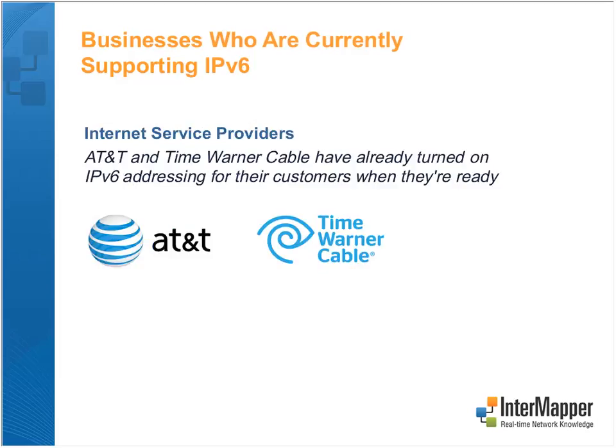A couple of ISPs: I'm sure a lot of the ISPs are jumping on the ship and will need to have support for this version, either now or very soon. AT&T and Time Warner are two of a few that currently have full support for their customers. So if a customer wants to use IPv6 addressing, those can be provided by those providers.